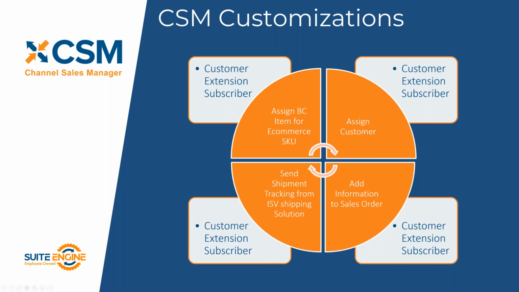So maybe you want to have something unique in how you're assigning the customer to the order. Maybe you have some different rules that you want it to go through to determine what e-commerce SKU relates to what item within Business Central. Maybe we have some differences in tracking information.